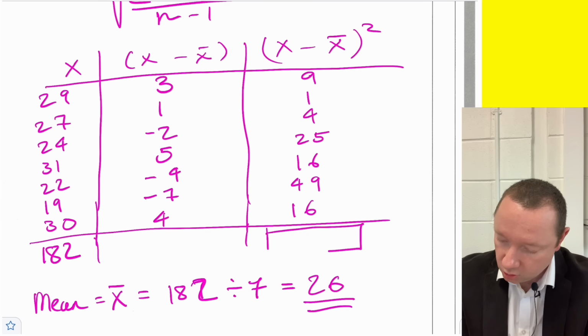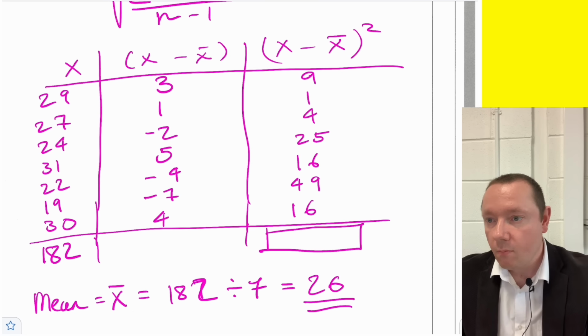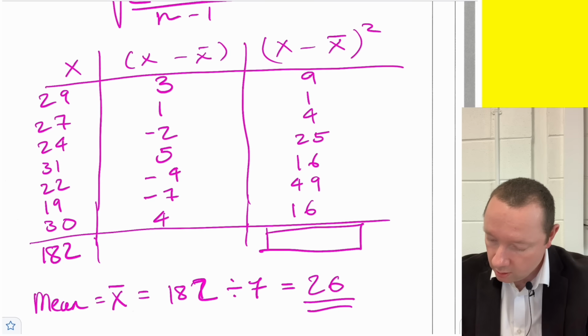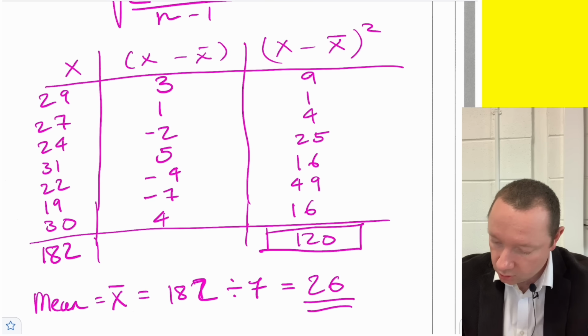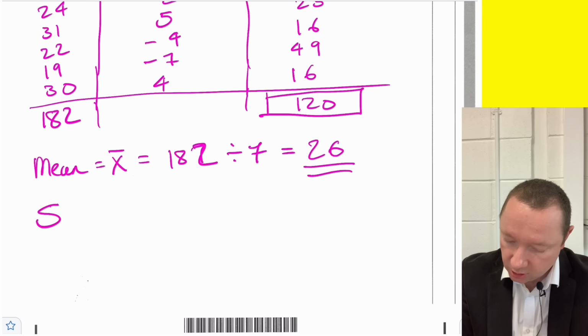So our grand total is 120. So then we can work out our standard deviation really easy.